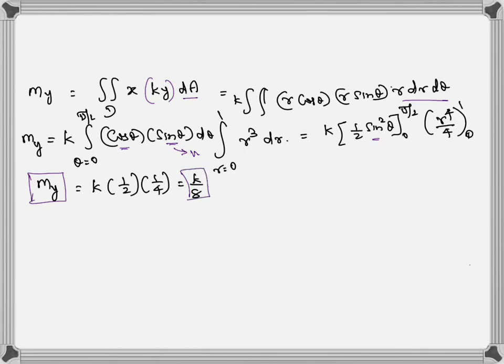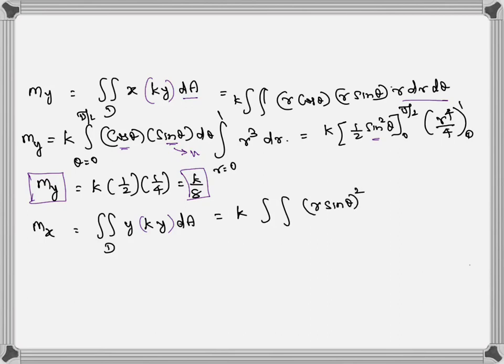So we got M_y. Now we have to get the moment about the x-axis, which is M sub x, the double integral over D of y times ky dA. This ky is rho of (x, y). So it is k times the double integral of r sine theta squared times dA, which is r dr d theta, where theta runs from 0 through pi by 2 and r runs from 0 through 1.